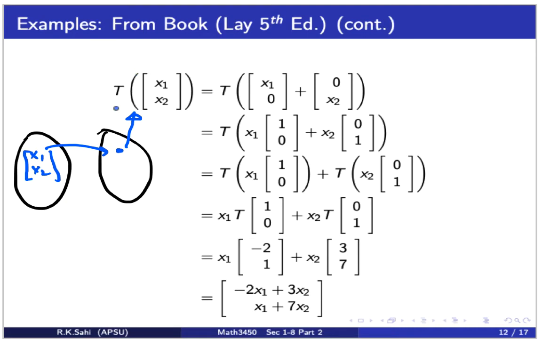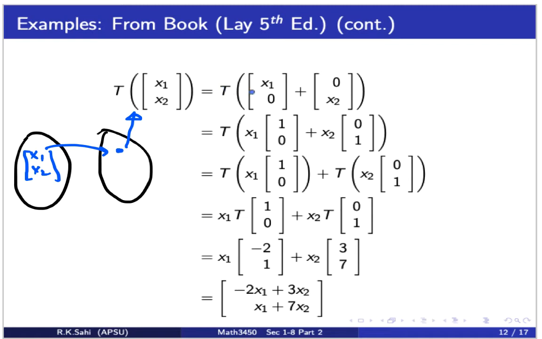So I want to know what it looks like. Now let's look deeper into it. My vector x1, x2 can be written as x1, 0 plus 0, x2. So basically, I'm writing it as a sum of two vectors. It's all things we have learned way early in this linear algebra class.